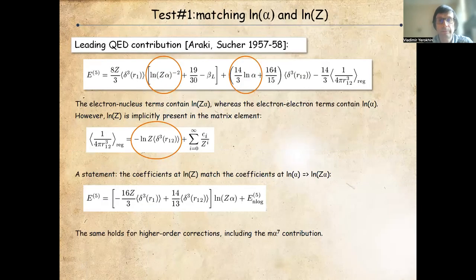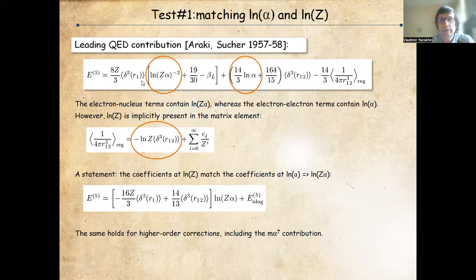We did several quite important tests, and one of them is matching coefficients of log alpha and log Z. To explain what it is about, let us go backwards to the leading QED contribution of order m alpha^5. These are very well-known formulas, and this is how they are presented.